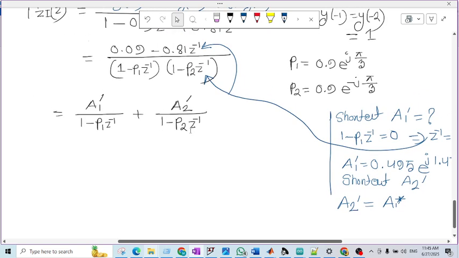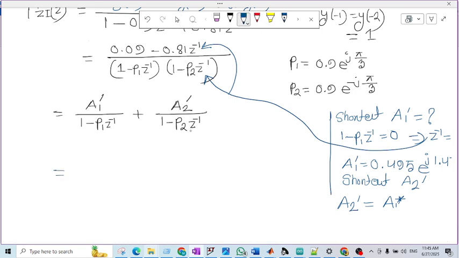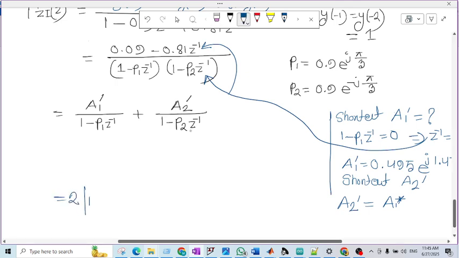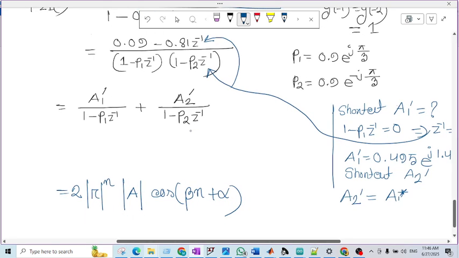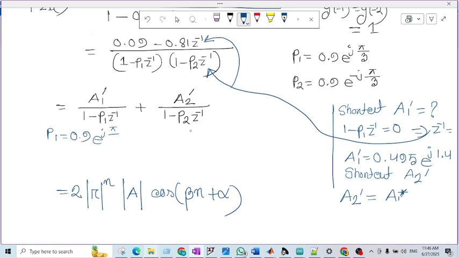Okay, so now what was our shortcut? Our formula was 2, then r to the power n, then a, then cos beta n plus alpha, right? So what is r? Let's take p1 equal to 0.9 e to the power j pi by 3. It is r, the magnitude of r, and j beta.